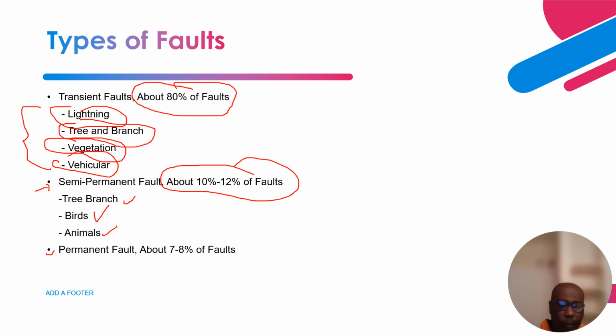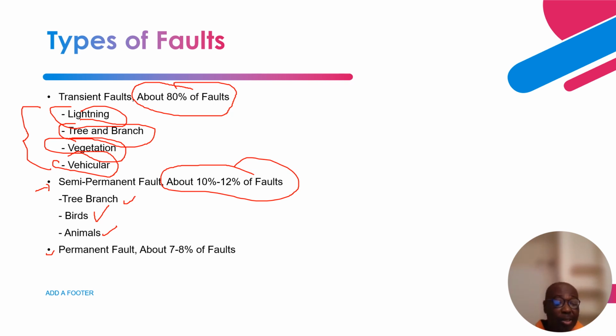And a permanent fault is when you have, let's say, an open phase, like a broken conductor, or a line that had sag and the conductor is resting on the surface of the earth, or resting on the vegetation.